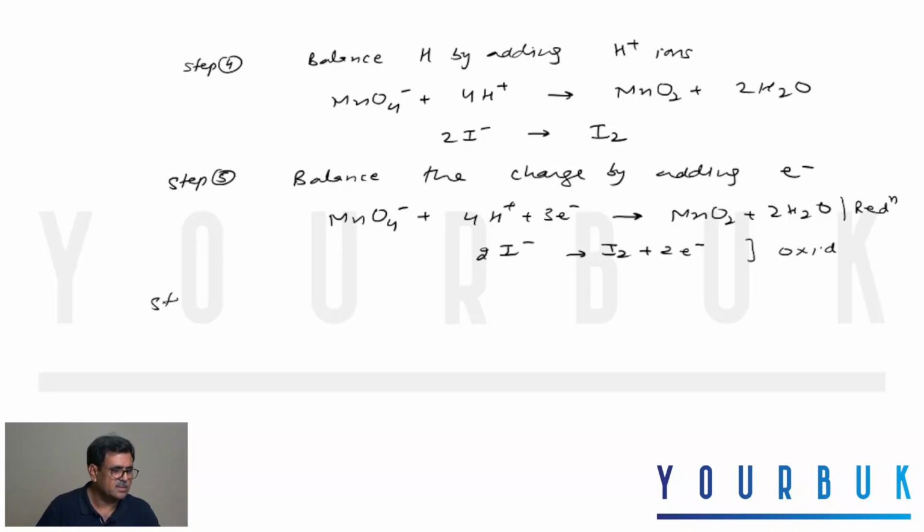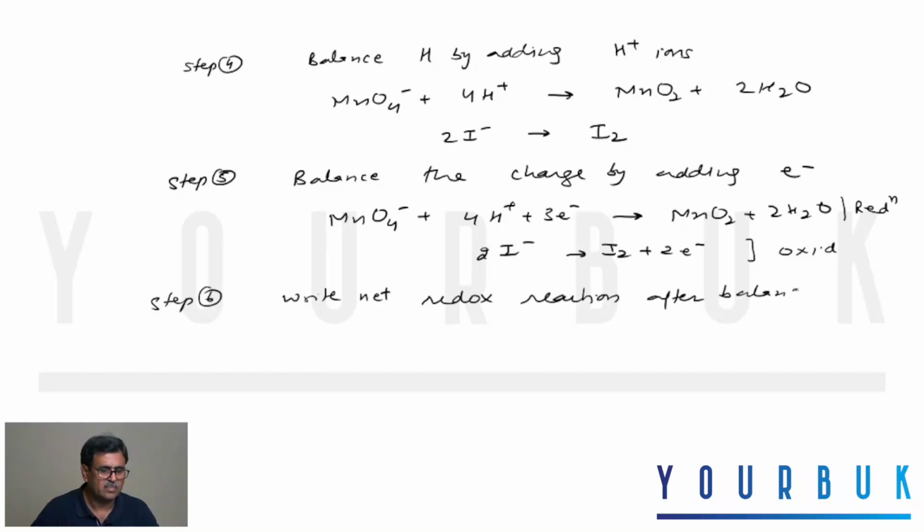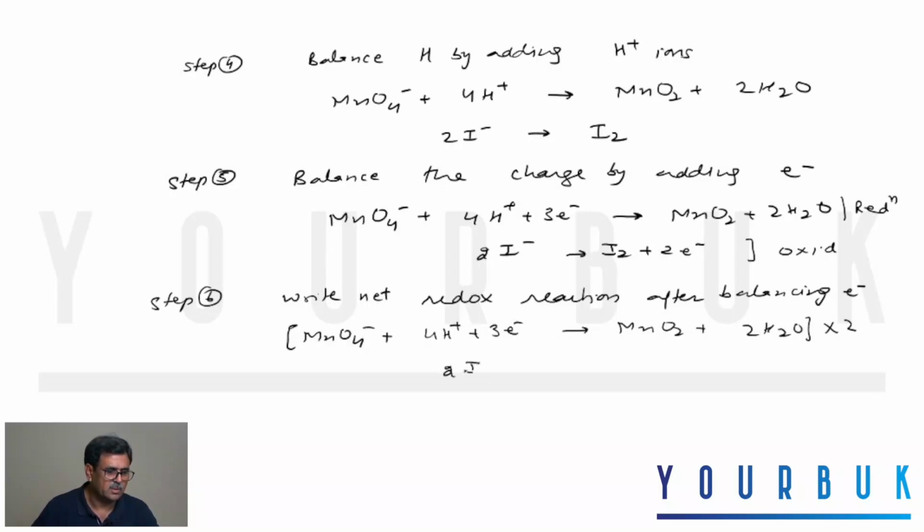Now step number 6 is write the net redox reaction after balancing the electrons. So we multiply the first equation by 2 and the second equation by 3. The whole equation you have to multiply.